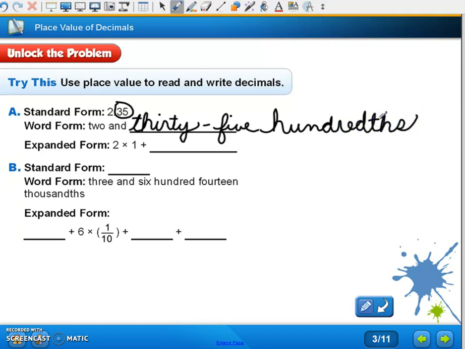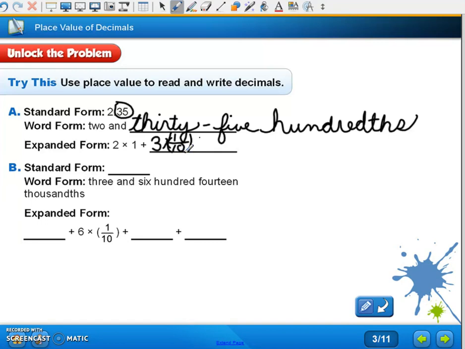You should be writing that on your paper. Now in expanded form, here's the ones place, 2 times 1, plus, what are we going to put here? And what are we going to multiply that by? 1/10. And put some parentheses around that 1/10.